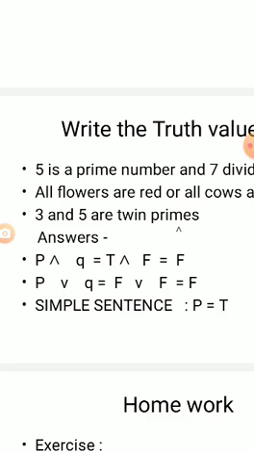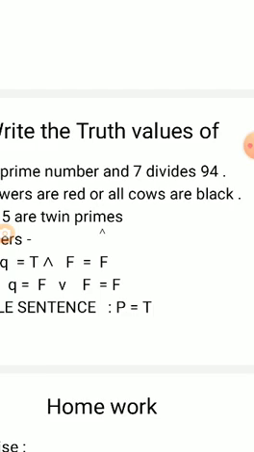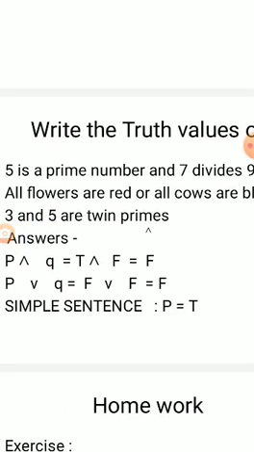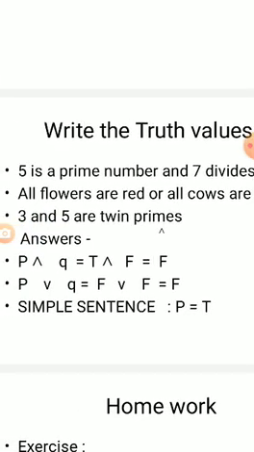Now here the first question is, 5 is a prime number and 7 divides 94. Now the compound statement is given in verbal form, and the question is, write the truth value. So first you have to write the given compound statement in its symbolic form, and then you have to write the truth value.